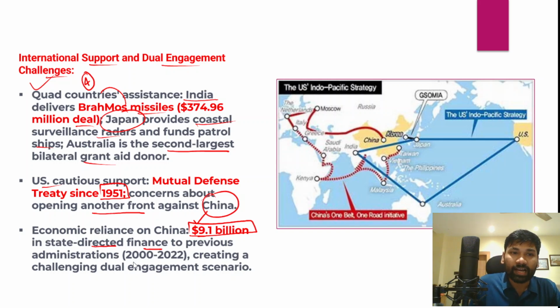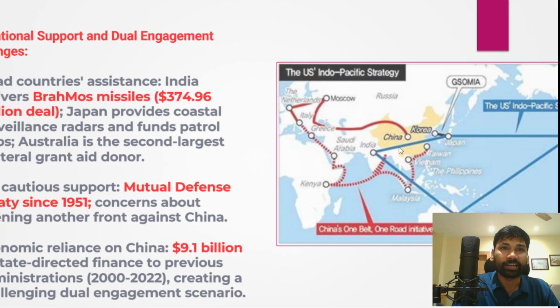So it has been creating the challenge of a dual engagement scenario. Dual engagement in the sense that the Philippines on the one hand depended heavily on China, but on the other hand has been confronting Chinese assertiveness and aggression in the South China Sea. That makes the Philippines' engagement with China more and more challenging, right? So that's all in this lecture, and thank you so much.